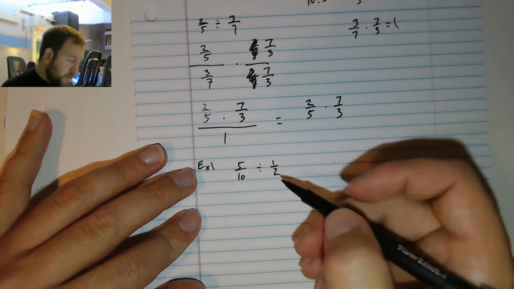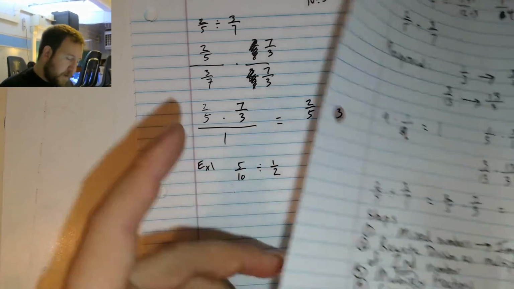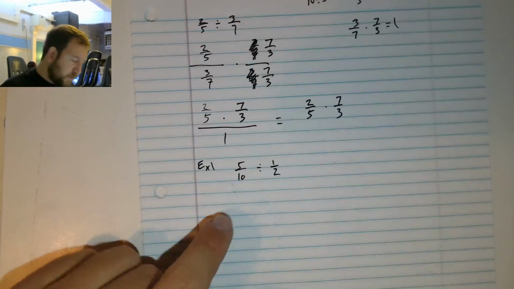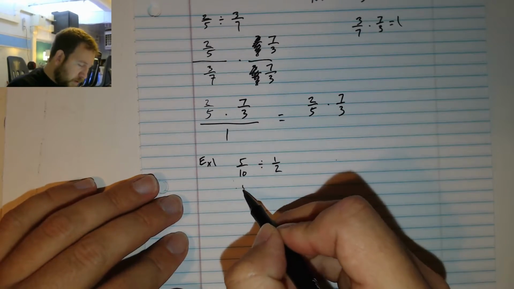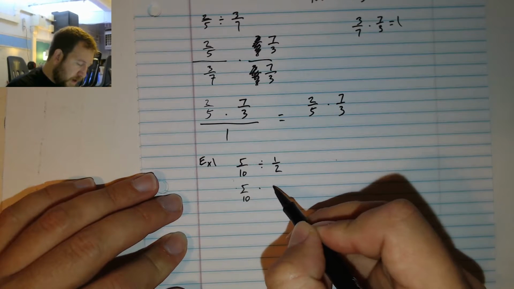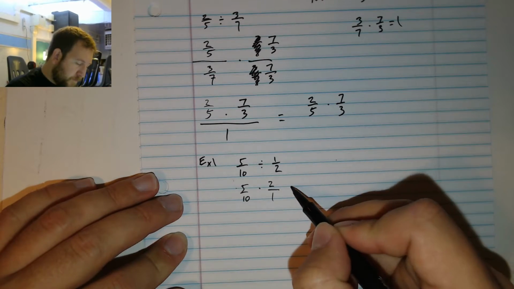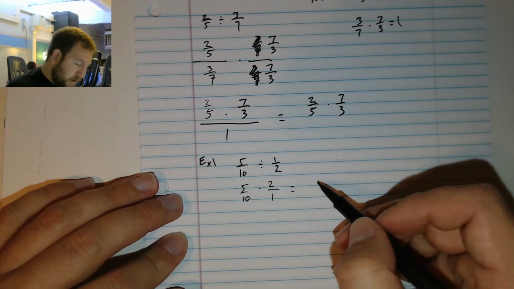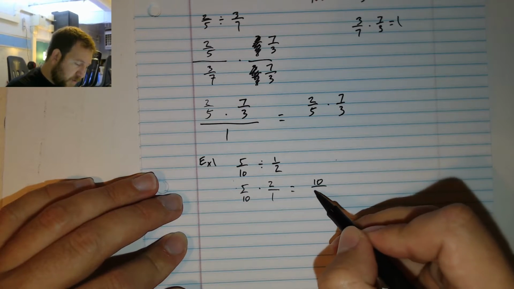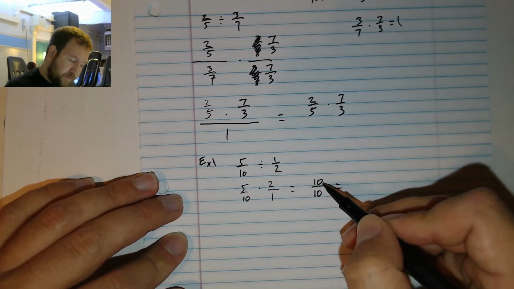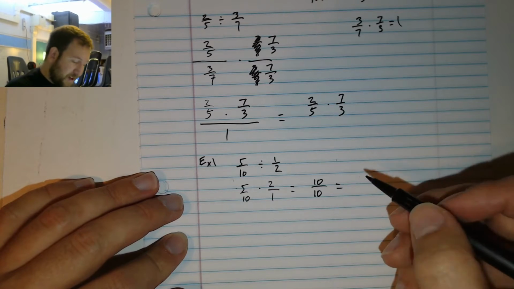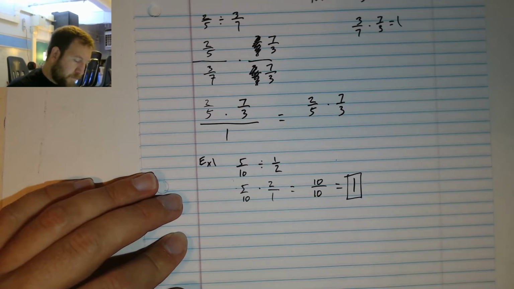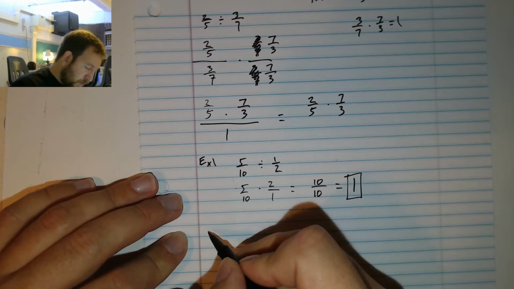So our first step, convert mixed numbers to improper fractions. None of that. Rewrite as multiplication with reciprocal. 5/10 times 2/1. Now I just multiply. 5 times 2 is 10. 10 times 1 is 10. Simplify. Well, any number divided by itself is 1. Easy.